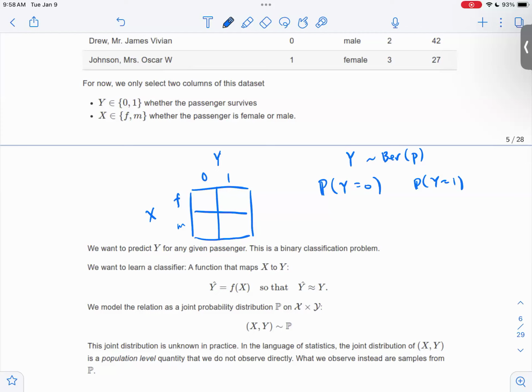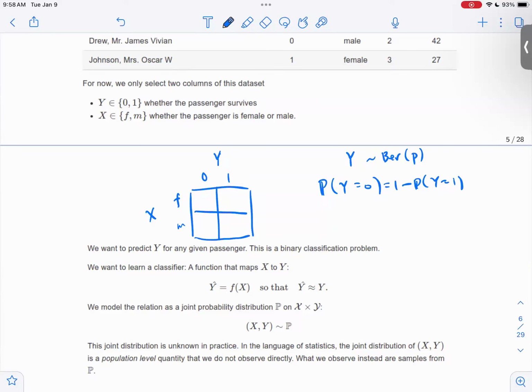The distribution is really a probability measure that tells you the probability of all possible events, but this is enough in our case, two numbers. And in this case, just one number is enough. Why? They have to add up to 1, so the other would be 1 minus that. So if I specify just one number, that's enough.